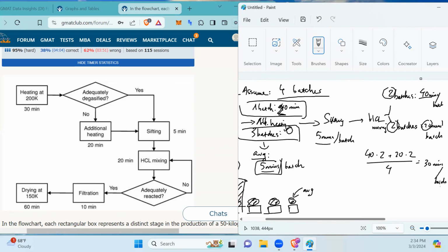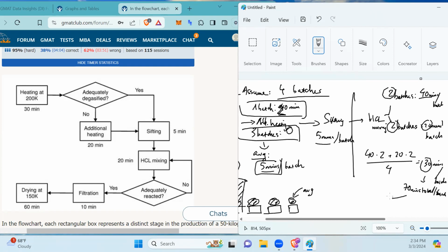So far we have 40 minutes up until this point, and now another 30 minutes. So in total, each batch is taking 40 plus 30, 70 minutes.